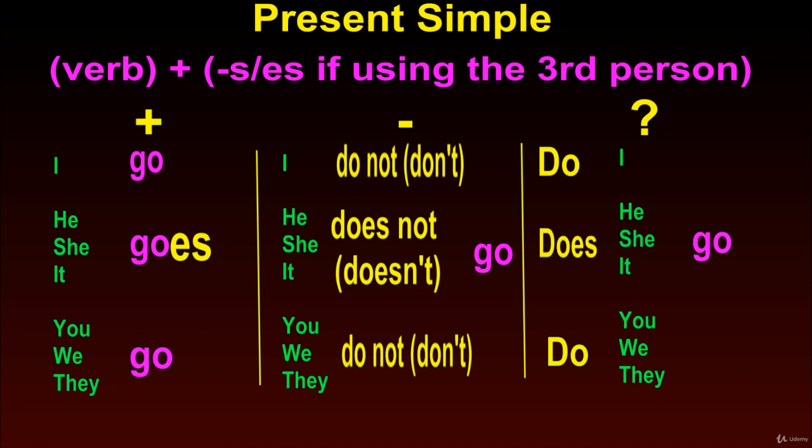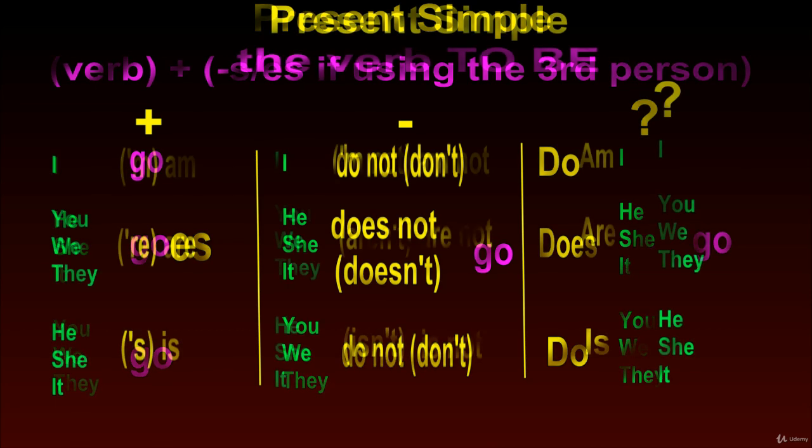You, we, they do not go or don't go. And if you want to form the question, you put the auxiliary verb before the pronoun and you use the base form of the verb. For example, do I go? Does he, she, it go? Do you, we, they go?